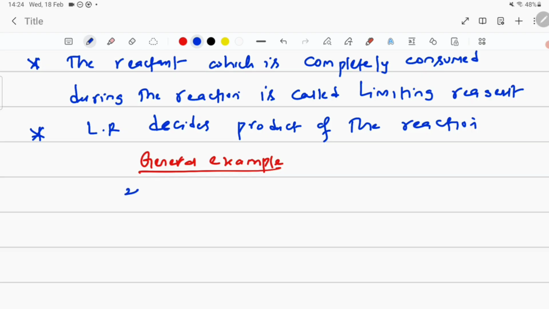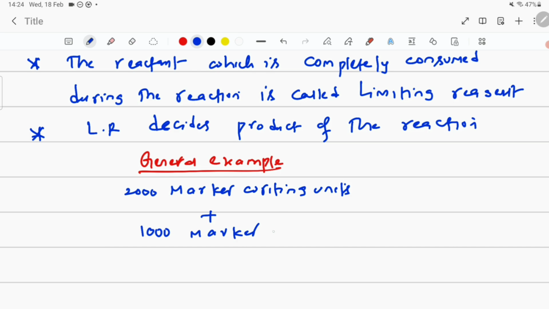I am taking here 2000 marker writing units, excluding caps, plus 1000 marker caps. Without cap, writing units only I am considering here. So 2000 marker writing units and then 1000 marker caps.